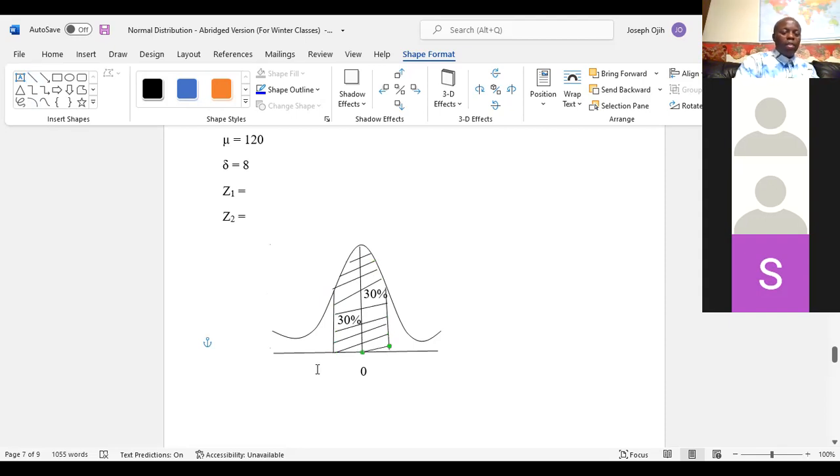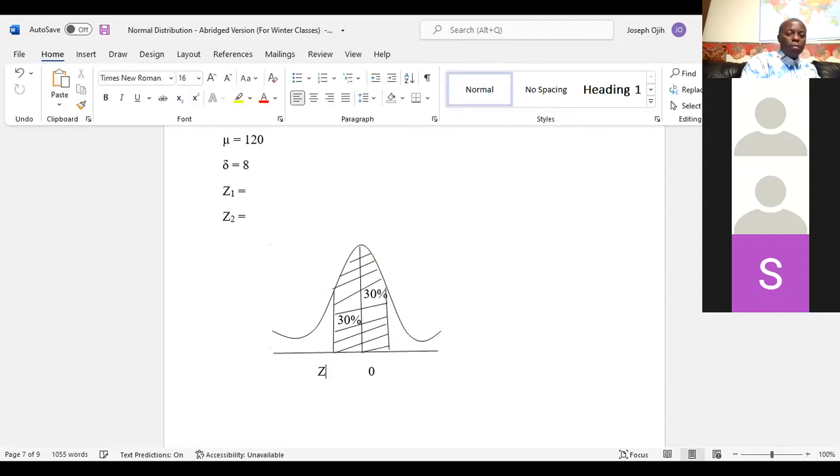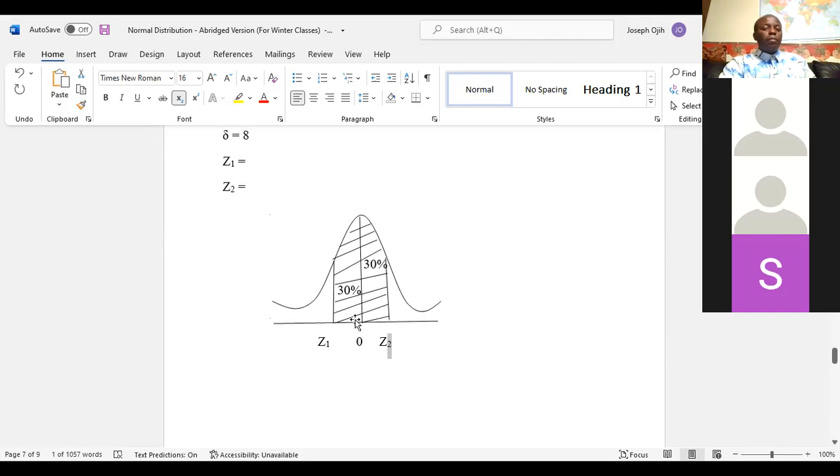So that means here there's 0, which is this. Then, on the right side is Z2. All right.